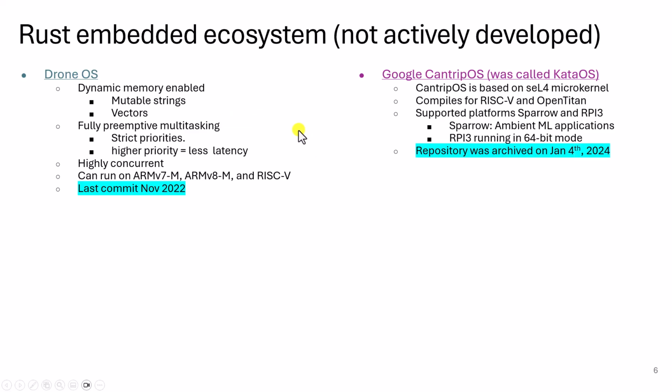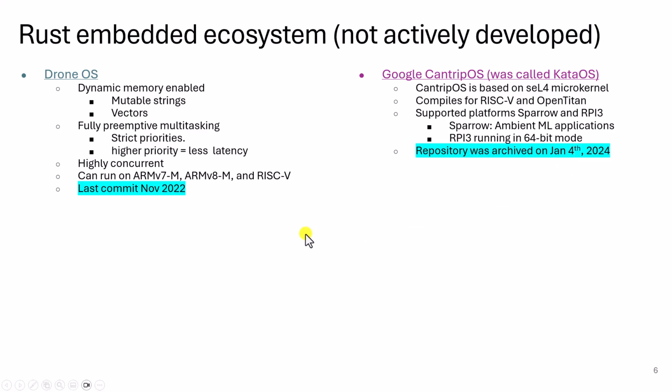Another one was a Google project called Cantrip OS, and it was a microkernel-based, Rust-based operating system, but it was archived at the beginning of 2024. So there haven't been new commits, and I haven't seen an actively maintained fork of either of these two yet.